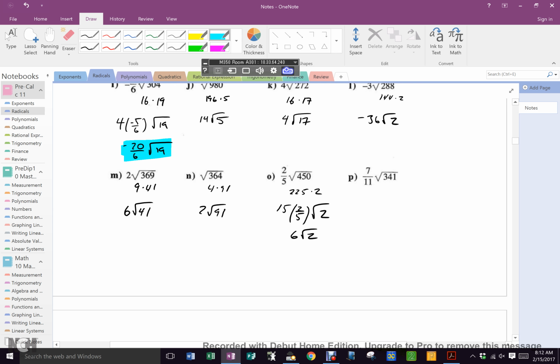Now, this question, if you simplify 20 over 6, which of course you could to negative 10/3, that's fine. But I've noticed that most people tend to leave it there. But you can simplify that as well if you wish.